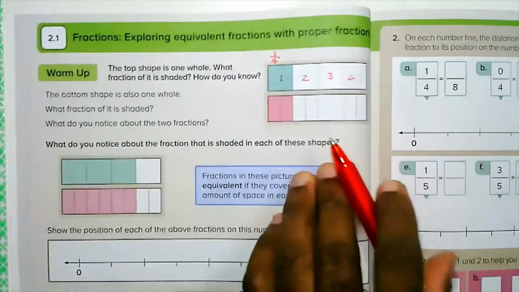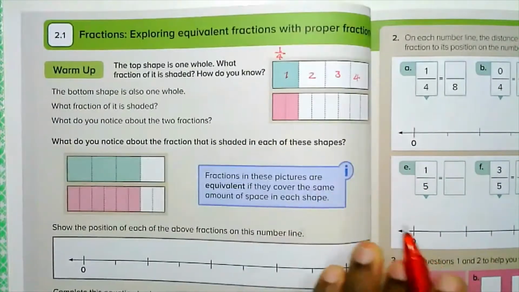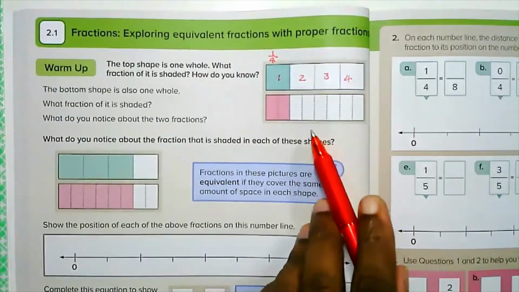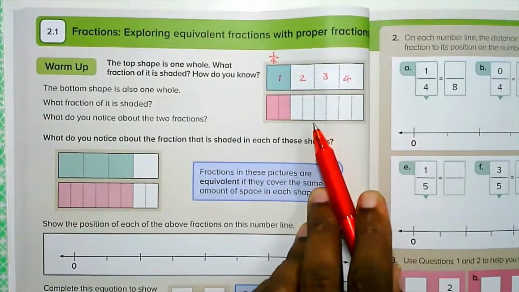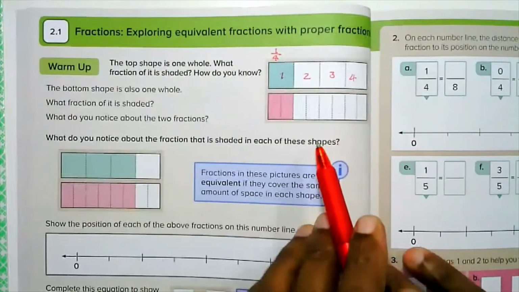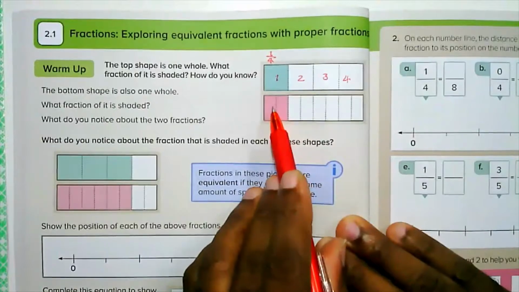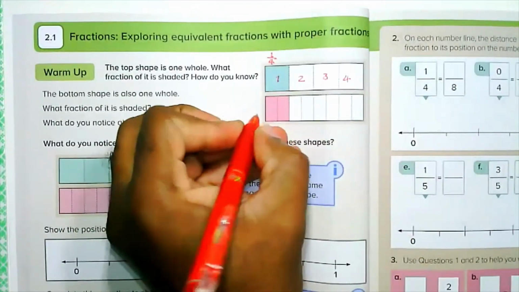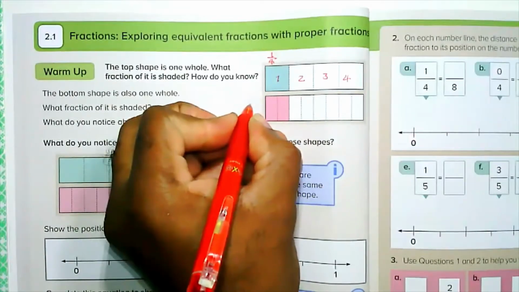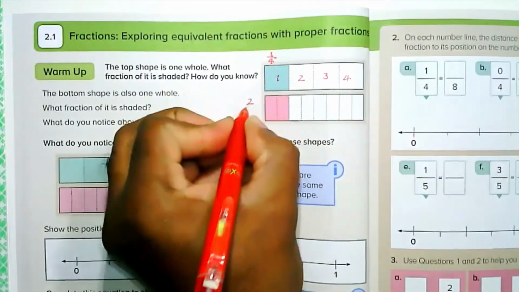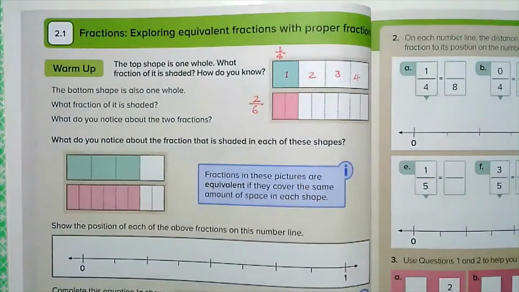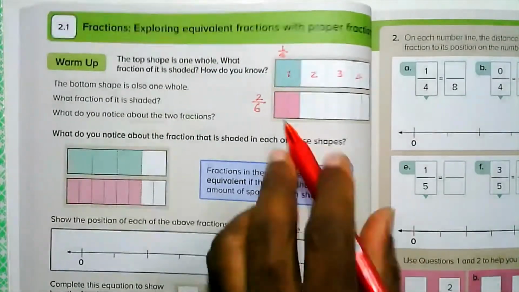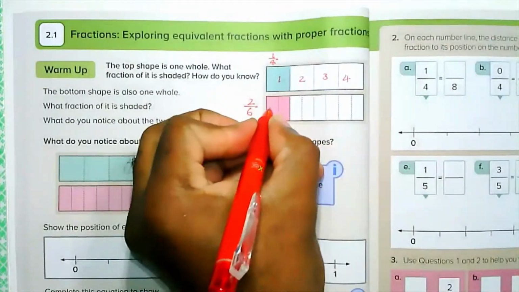Now let's take a look at the second shape. What fraction of it is shaded? And this we can see is split into 6 equal parts. So the part that is shaded is 2/6.